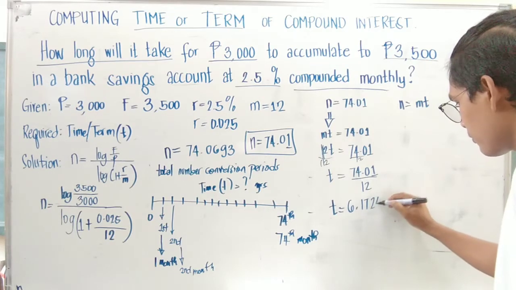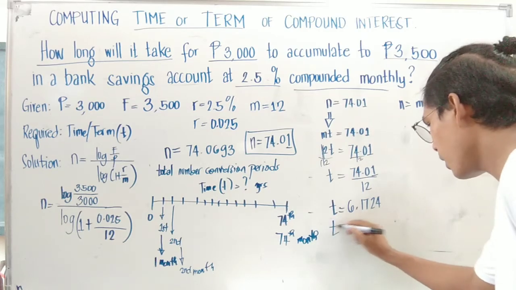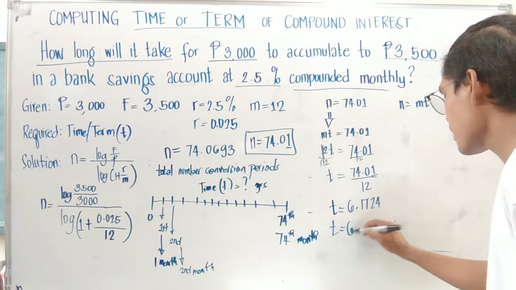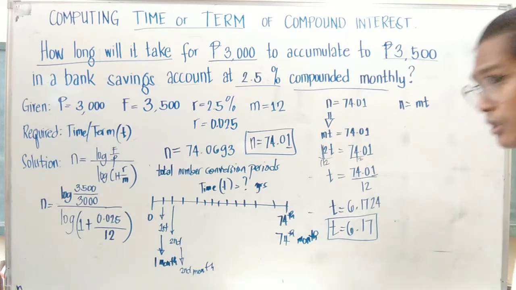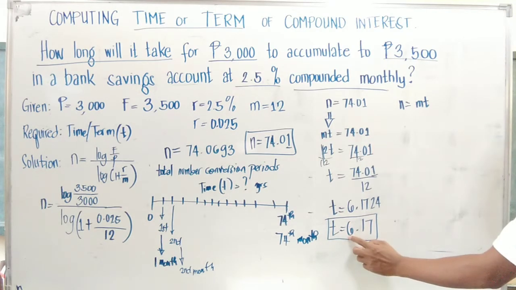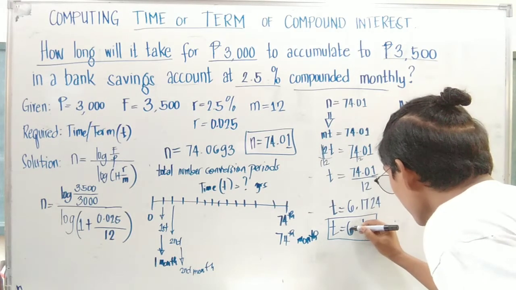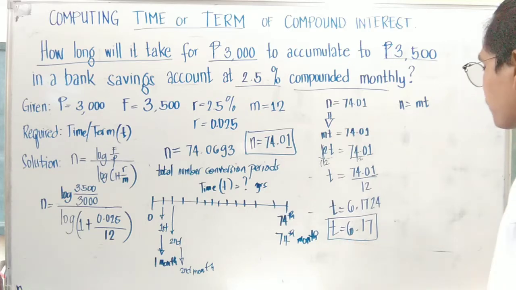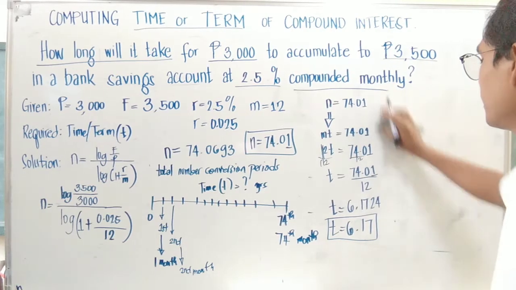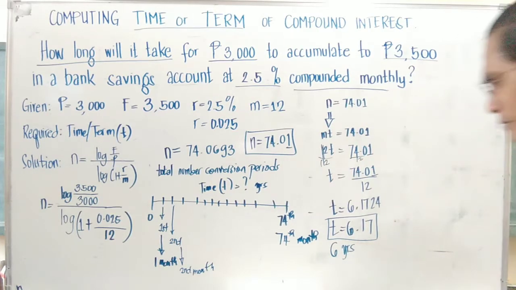6.17, then other decimals are 2 and 4. Or rounding it off, we will have 6.17. Okay? This 6, the whole number, is the year. So we have 6 years.